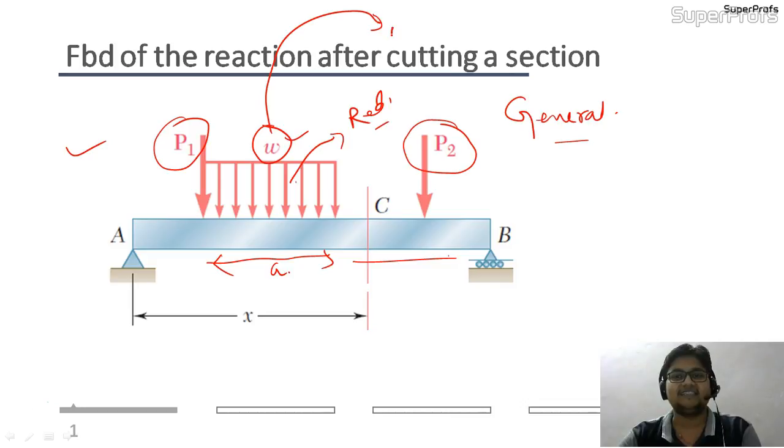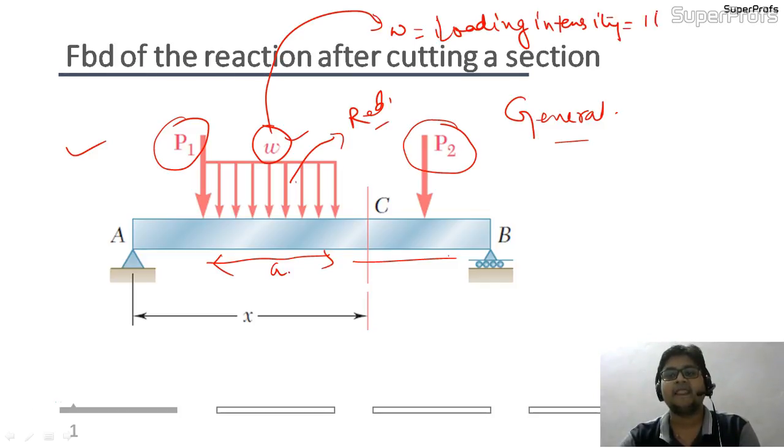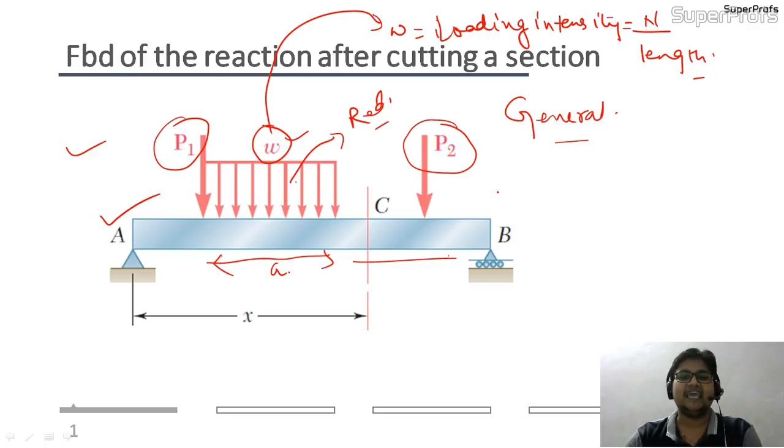So, dear friends, W is nothing but the loading intensity, which has the units of Newton per meter of length. If the length is taken in meters, it will be Newton per meter, or if the length is taken in millimeters, it will be Newton per millimeter. So it will be according to the units. And you have the two reactions here, that is A and B.